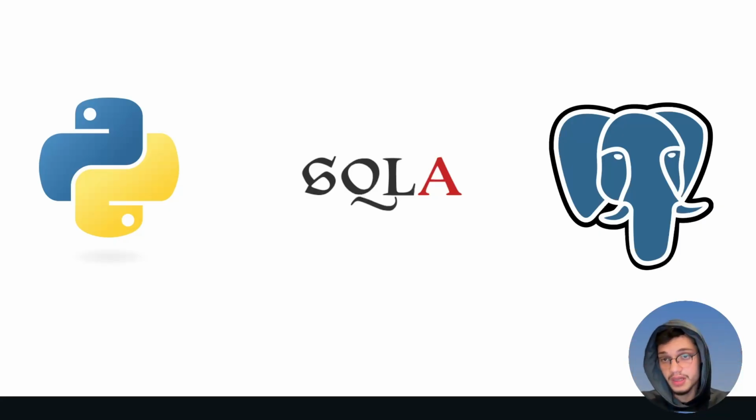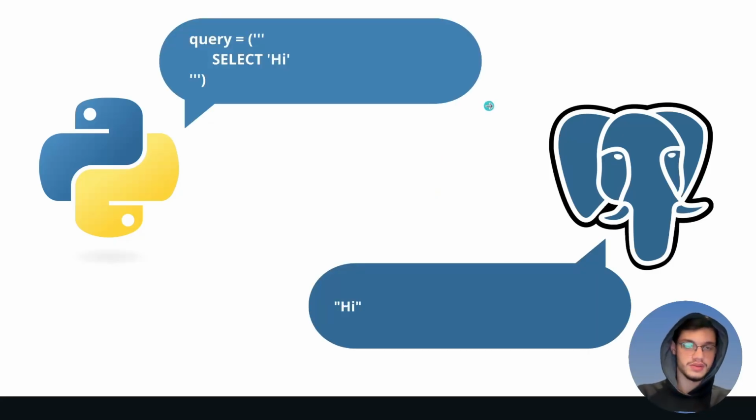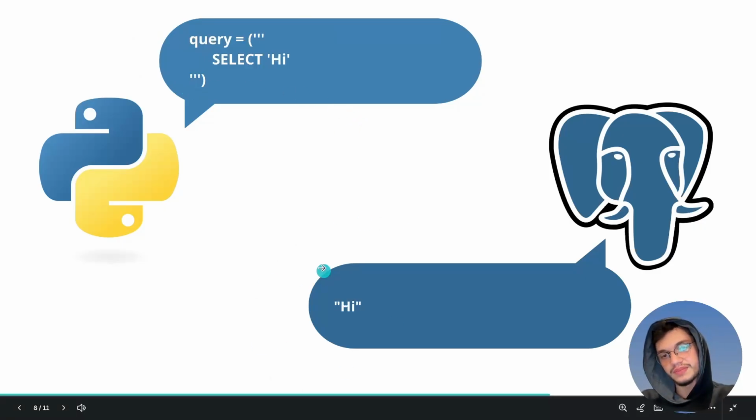This is a library in Python that helps us with this. This way you can write SQL queries from Python to PostgreSQL, and using SQLAlchemy, our Python request or order here will turn into this query. And you get this answer.